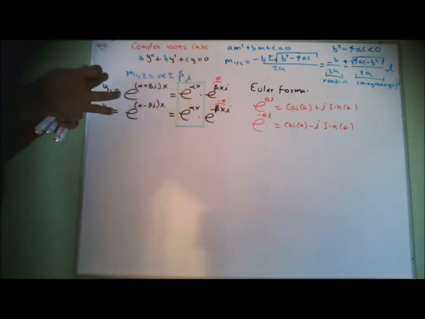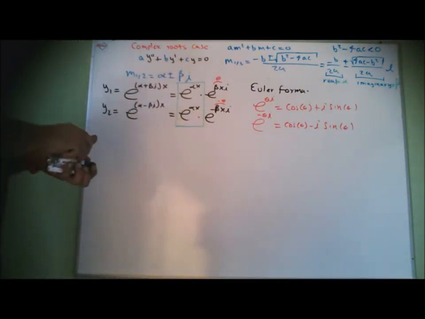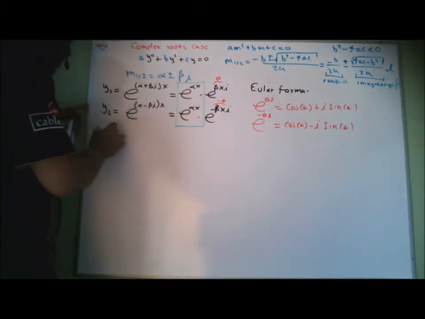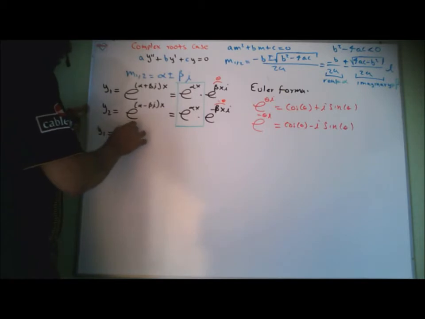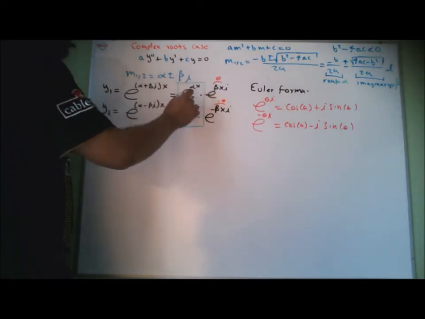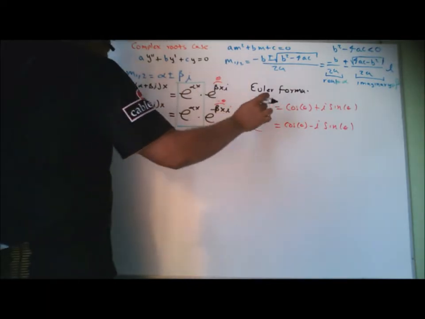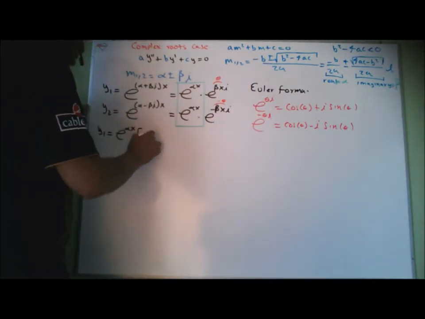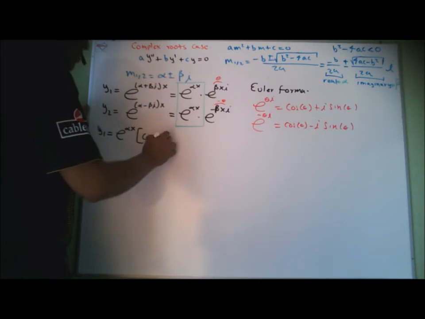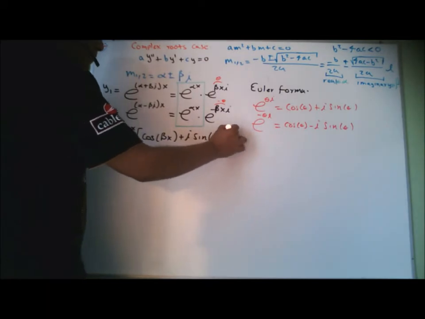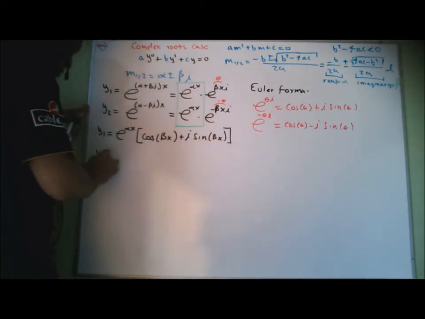Okay, so if we do that, then my first solution is going to be exponential of alpha x. We didn't change this, but what we are going to change is this. So theta is beta x, so it's going to be cosine of beta x plus I sine of beta x. My second solution is going to be exponential of alpha x.